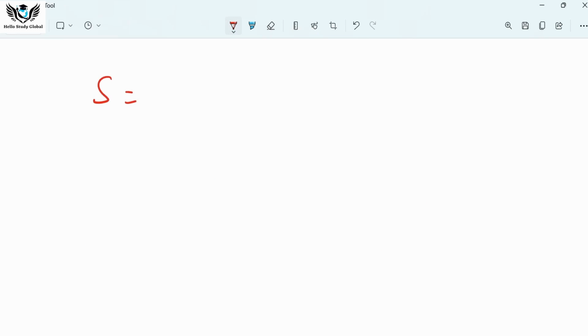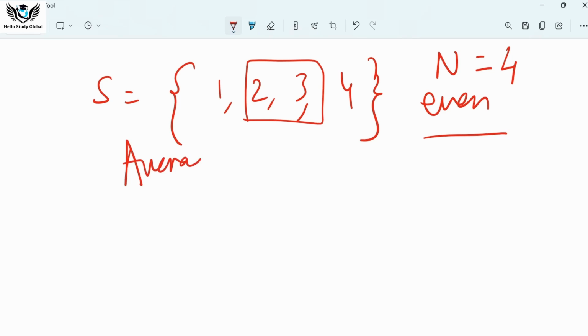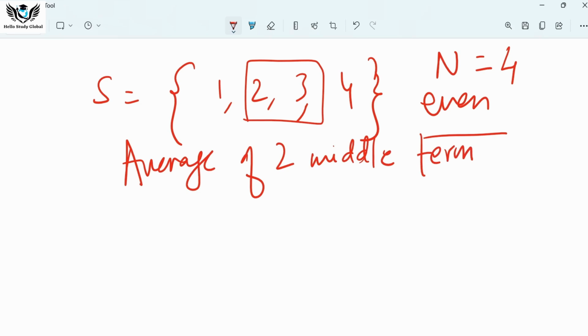Let's say the set has the terms 1, 2, 3, 4. Four terms are there. Now here there is no single middle term. In fact, there are 2 middle terms. When the number of terms is even, as here where the number of terms is 4, we take the 2 middle terms and take their average, that is 2 plus 3.